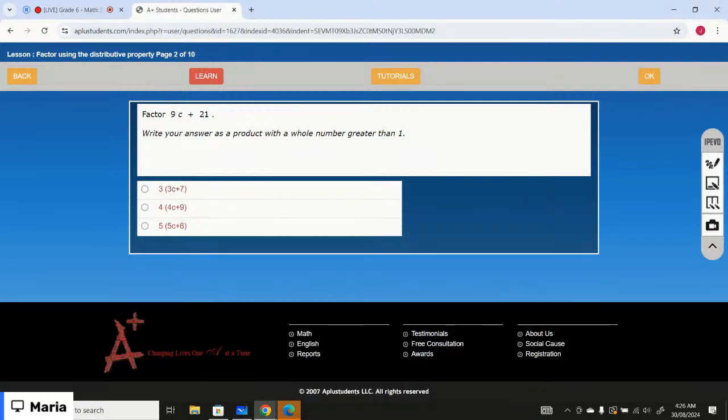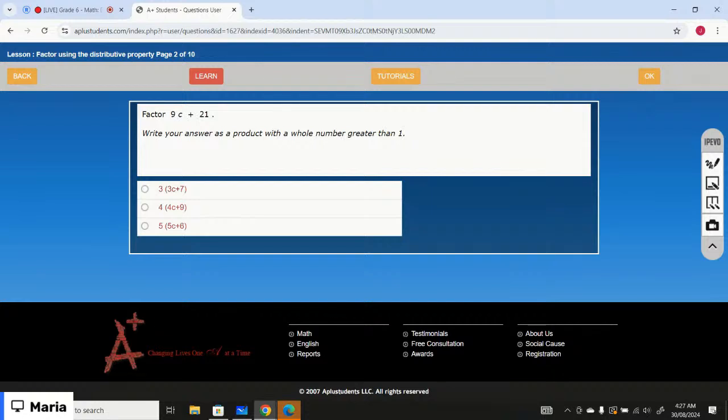Okay, 9c plus 21. So which is the correct option? The correct option is option number 1.